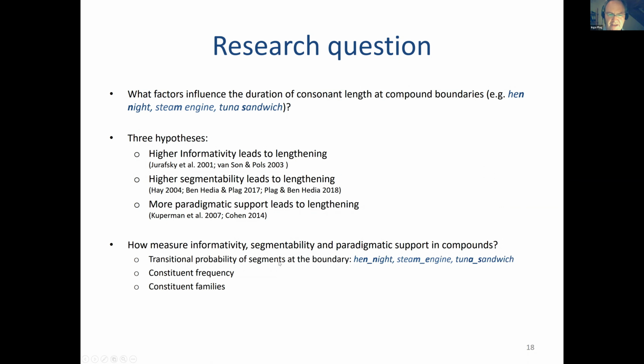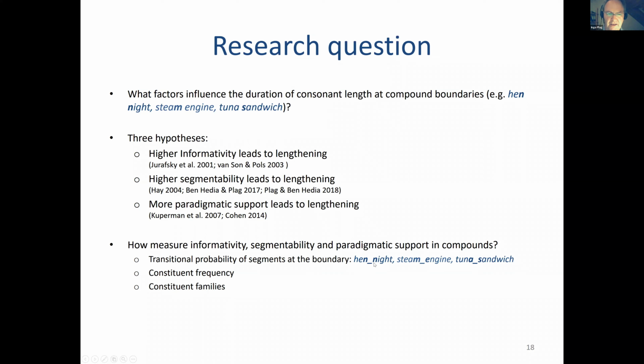And I show you 3 things in more detail. So one is the transitional probability of segments at the boundary. So this is basically about informativity. The transitional probability tells you how likely it is to move from an N at the end of the first constituent to an N in the second constituent, or from an M to an E in the second constituent, and so on.